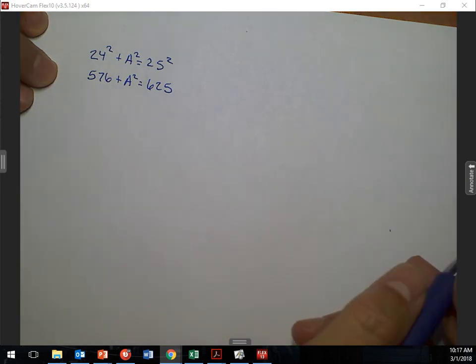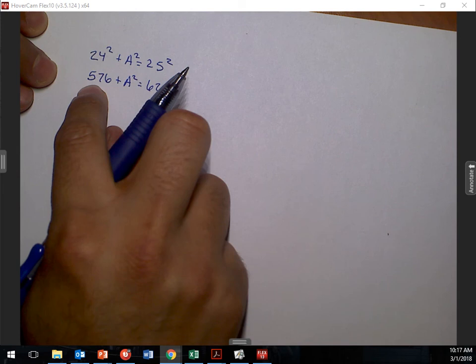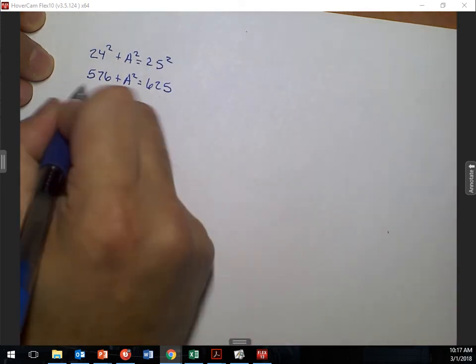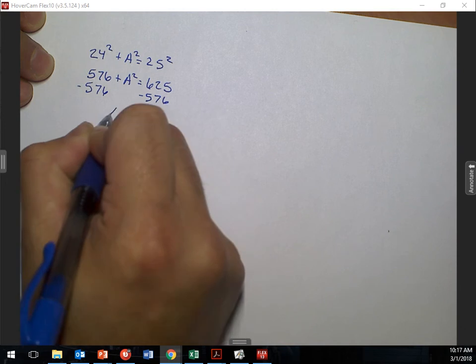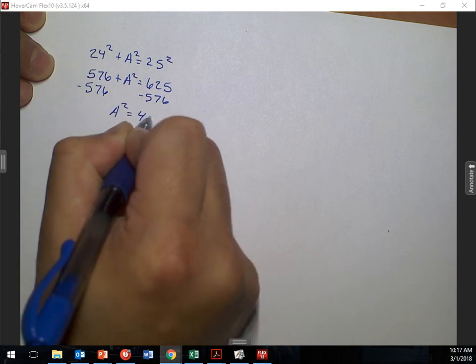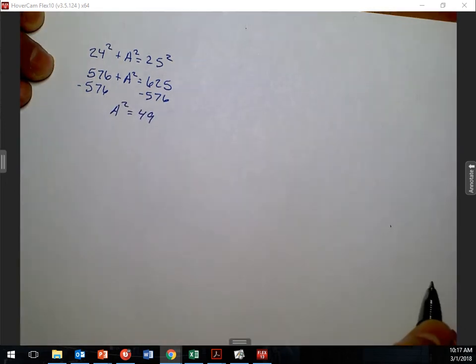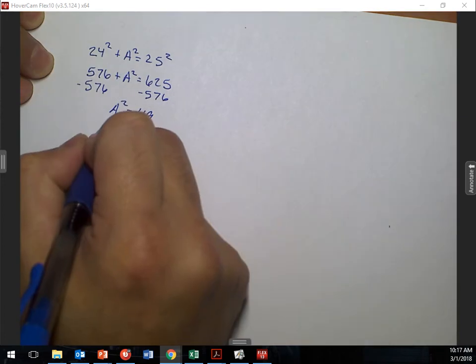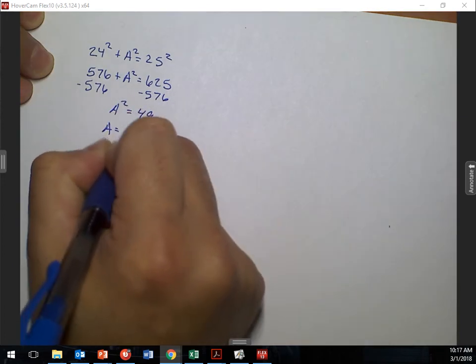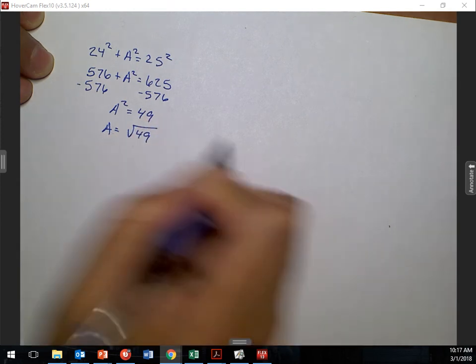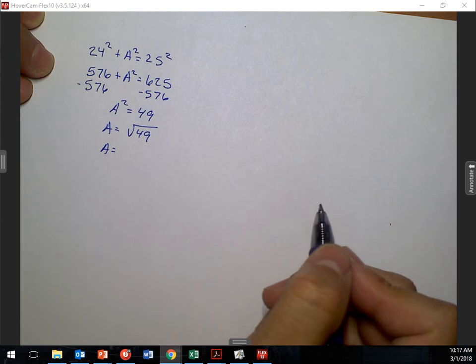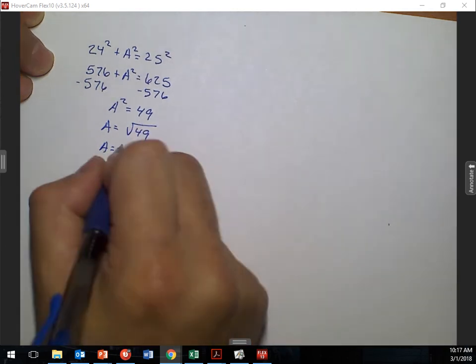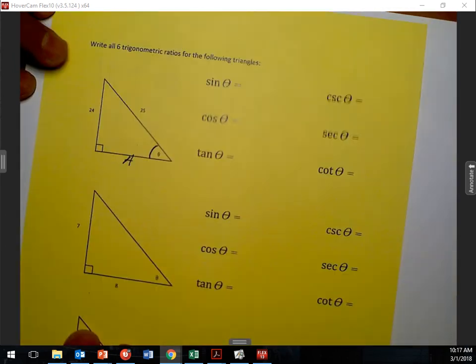Subtract 576 from both sides, so I get A squared equals 49. And how do I undo a square? Square root, right? So A is going to be equal to the square root of 49. What is the square root of 49? 7. Very good. So A is 7, and I'm going to put a 7 right there.